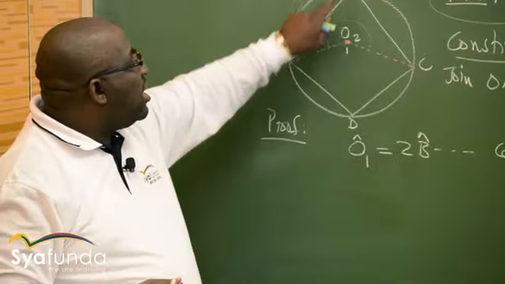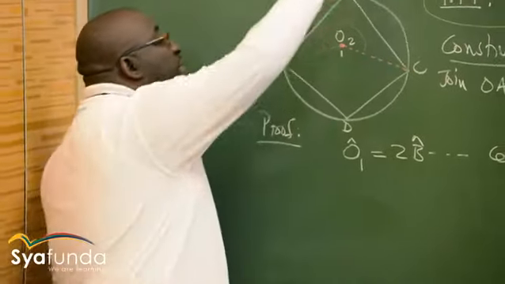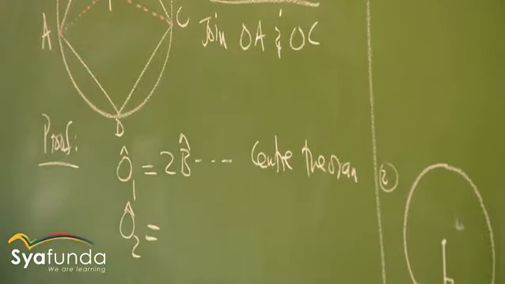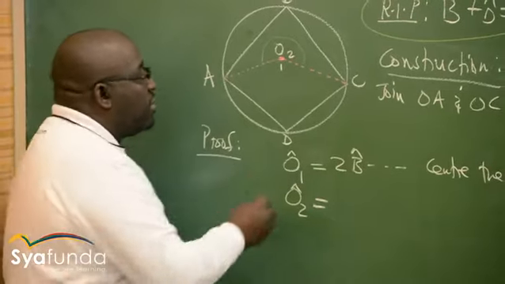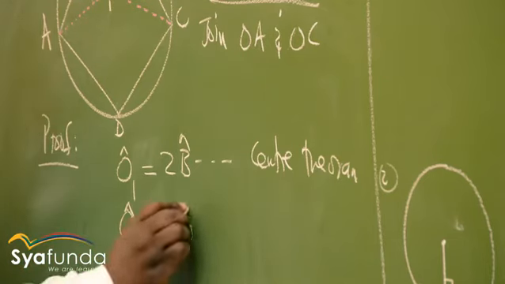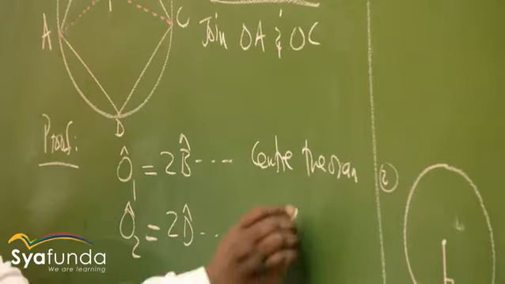This is not the only scenario. If I'm coming from that side, angle O2 will be equal to 2 times angle D. Why is it so? I'm using the same theorem, the center theorem.